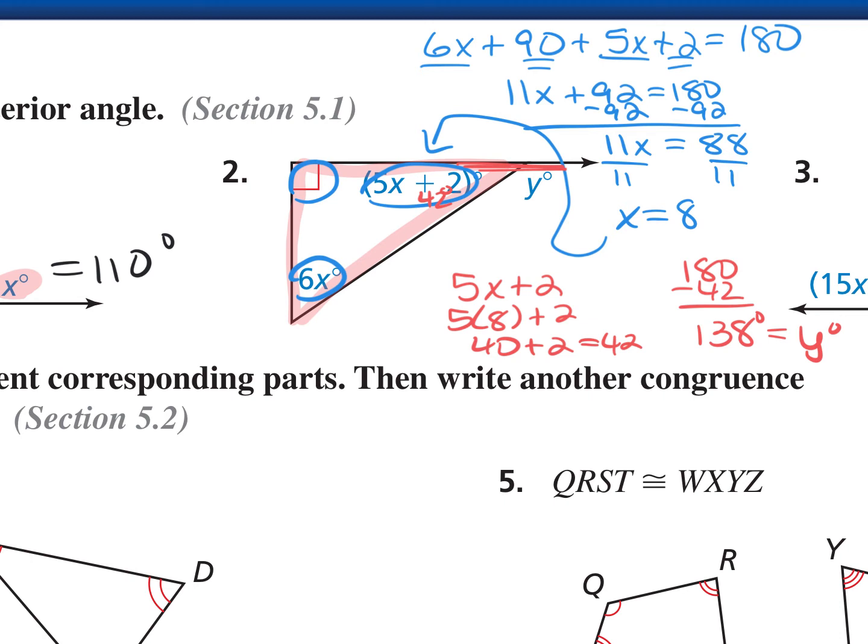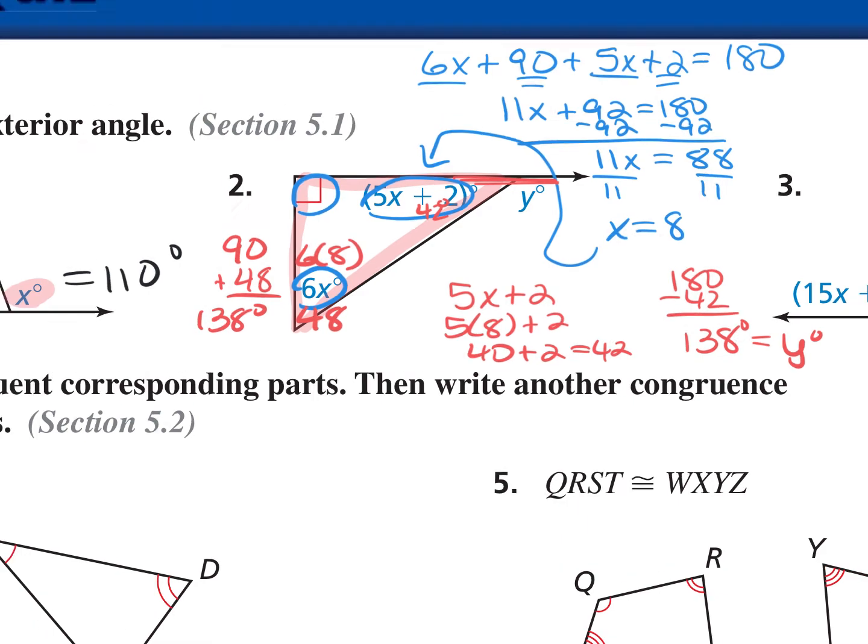The other way you could have done it is you could have also found this angle here by plugging in 8 for x here, and this angle is 48. And then we could use the exterior angle theorem, add 90 plus 48, and that would go right to 138, which equals the exterior angle. So you have options there.